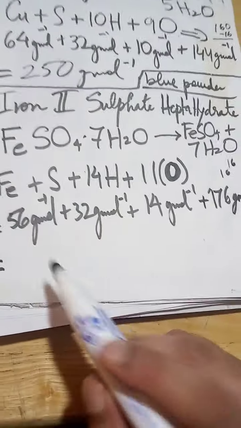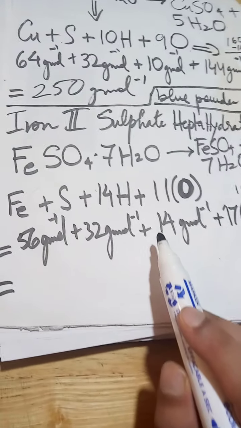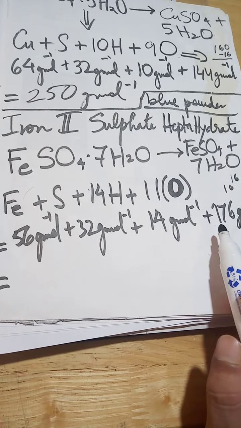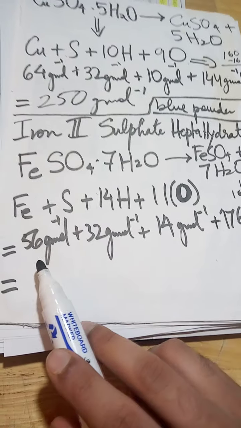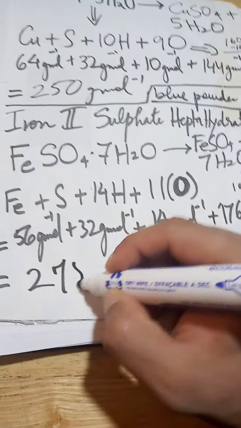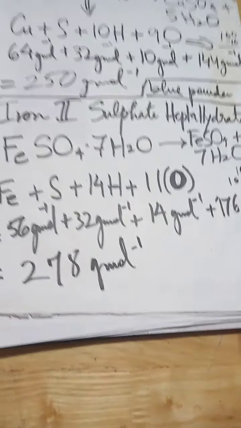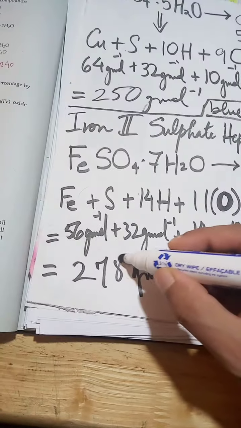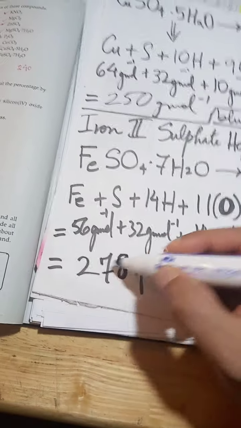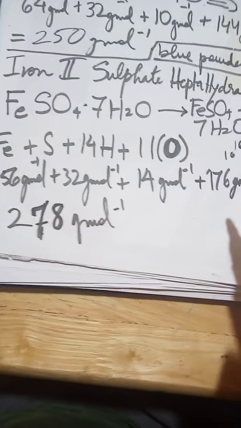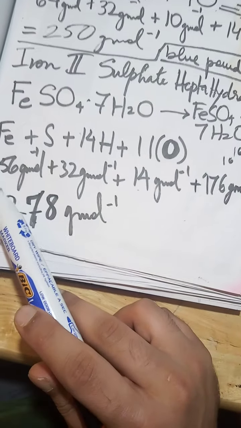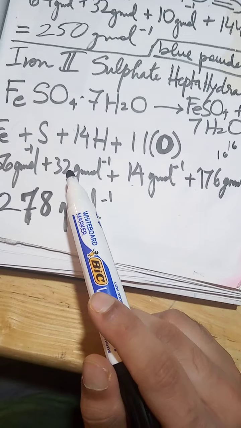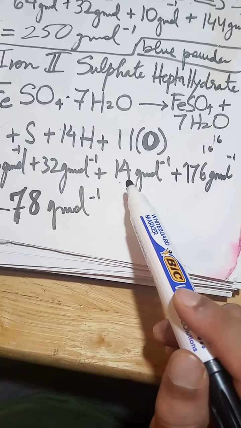Now we add all of it, we get 50, 80, 90, 190, and then 260, 266, 270, 278. 278 grams per mole. Let's double check. That's 170, 180, 210, 260, 266, 268, 272, 278. So that's correct.